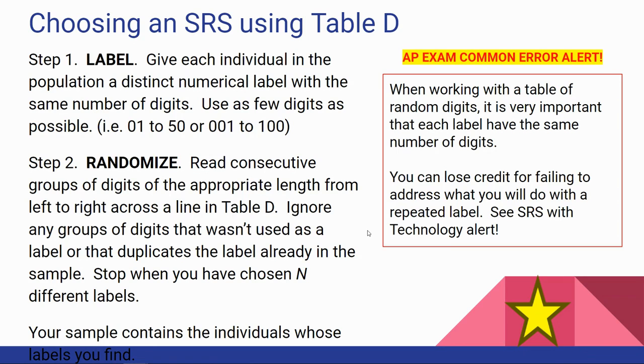So when working with a table of random digits, it is very important that each label have the same number of digits, and you can lose credit for failing to address what you would do with repeated labels. So same idea as the technology alert. If you think that there might be a repeated label, just state repeated labels, or repeated digits, will be eliminated.